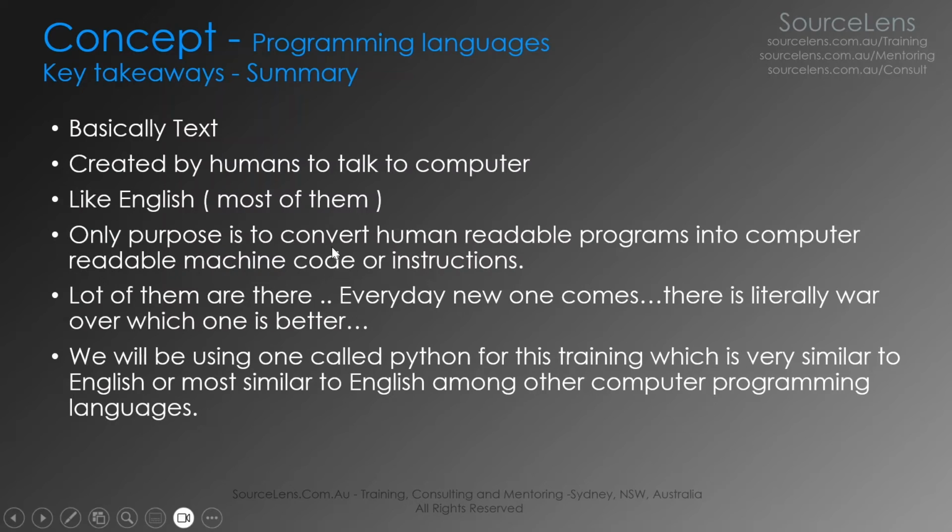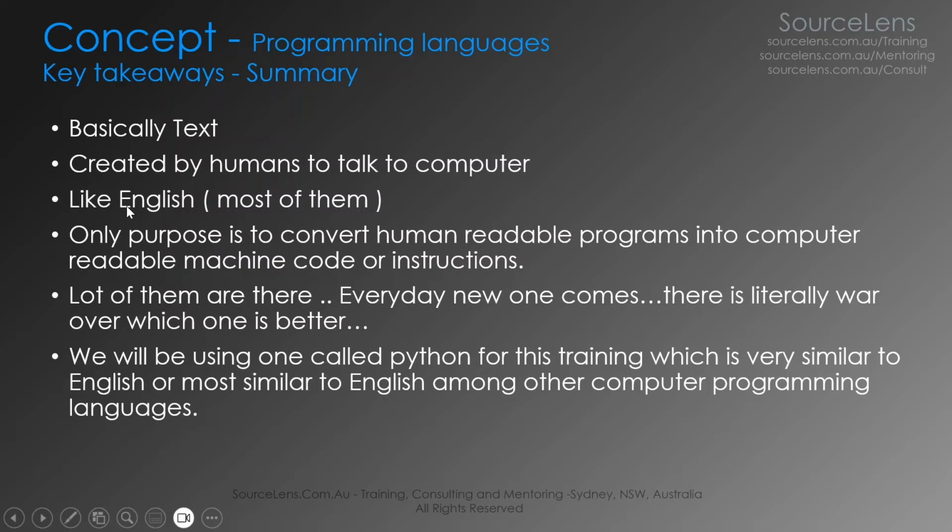So, some key takeaways or summary of this particular lesson. What is a programming language? Basically text. We have seen that. It's readable text, created by humans to talk to computers. So people like you and me write programs to instruct the computer to do something for us. That is the primary purpose of a programming language.